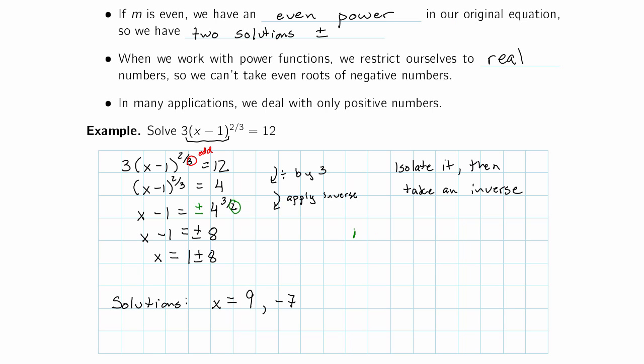So we needed that plus or minus because 2 is even. The number in that position was even. But we're at no risk for extraneous solutions because the 3, the number in that position, was odd. And that's all there is to solving these equations that involve power functions.